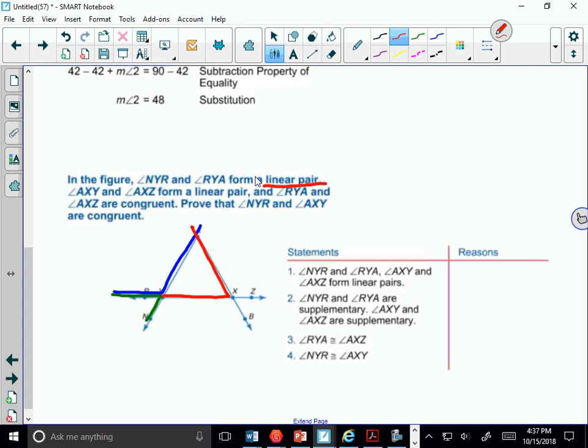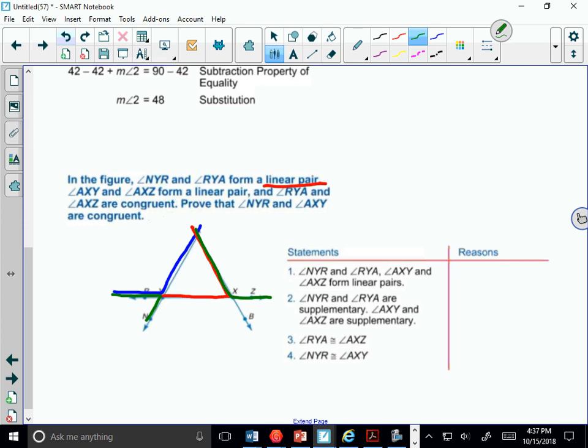That's AXY. And AXZ, it's right there. So they are telling me that these right here are a linear pair, and these right here are a linear pair. I'm going to get rid of those so I don't get confused.